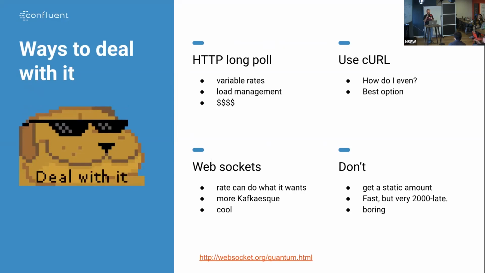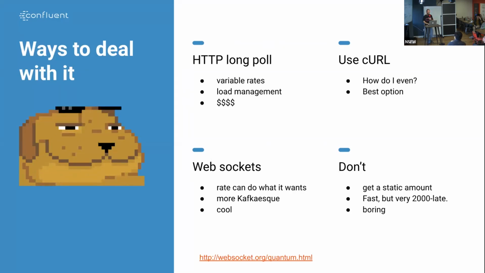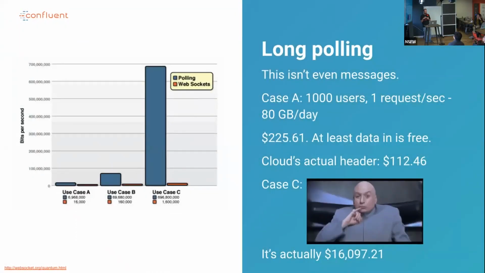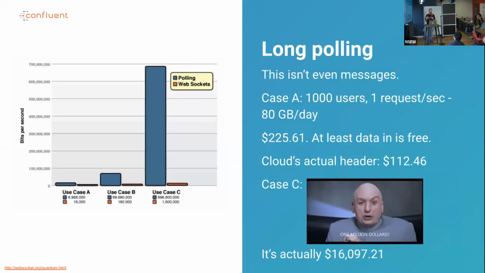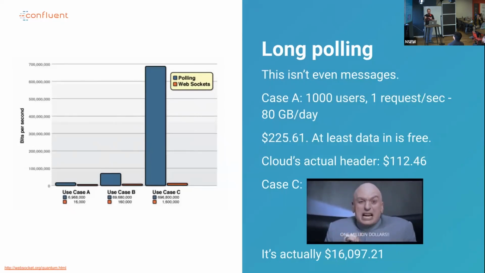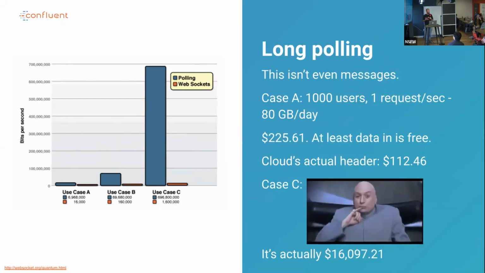But anyway, when we think about long polling, we want to talk about cost first. Usually when you think about long polling, you don't think about the request headers that are in these things. If we take the case of 1,000 users making one request per second every day for a month, which is not a lot of users and not a lot of requests, it ends up being about 80 gigs a day just in data going out.